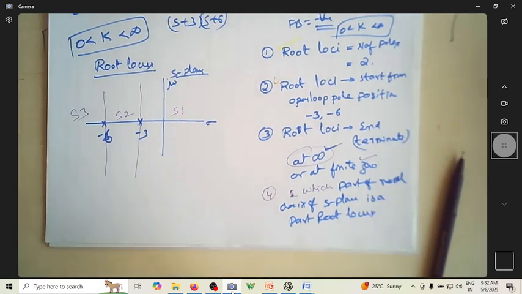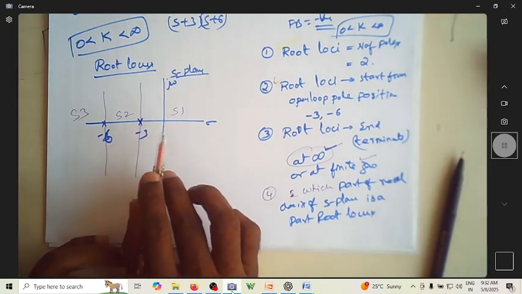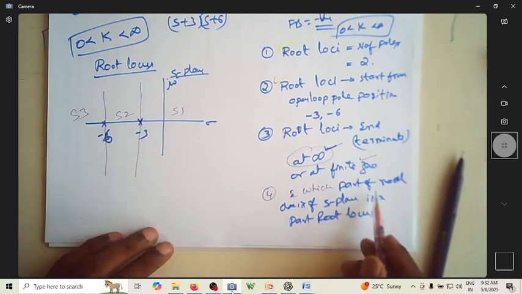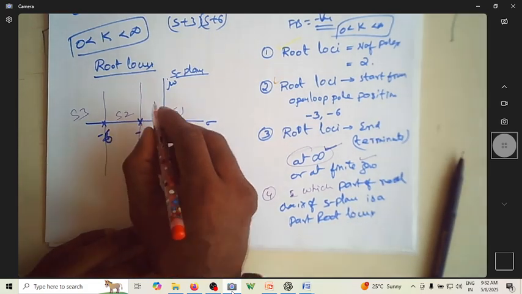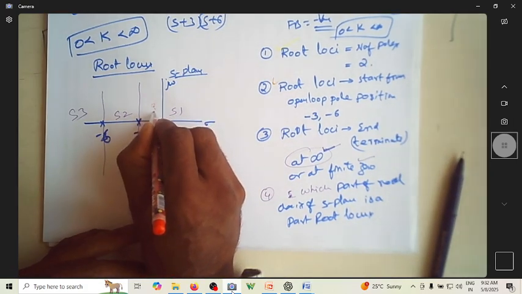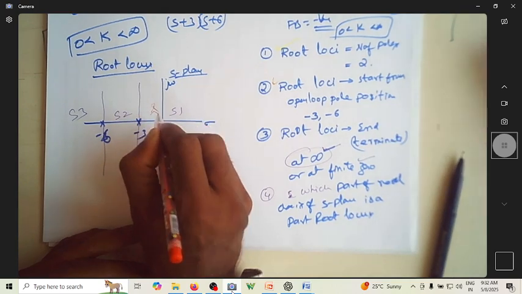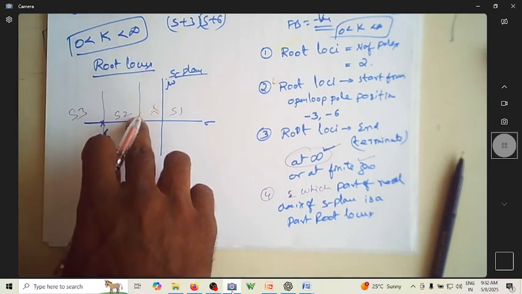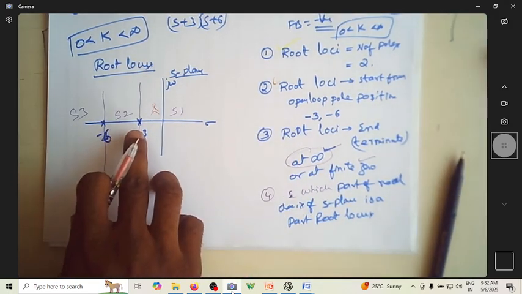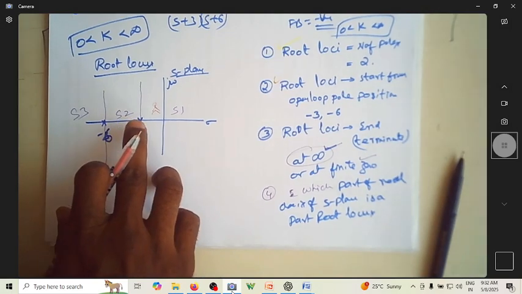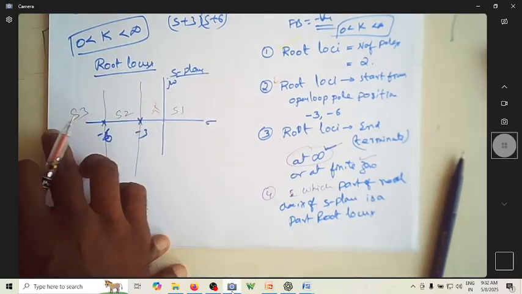To know that, there is a rule, or a method, to know which part of the real axis of the S plane is a part of root locus. What you can do is simply stand here. Before you stand, you made this partition of the entire S plane, depending on where the open loop poles or zeros are on the S plane.